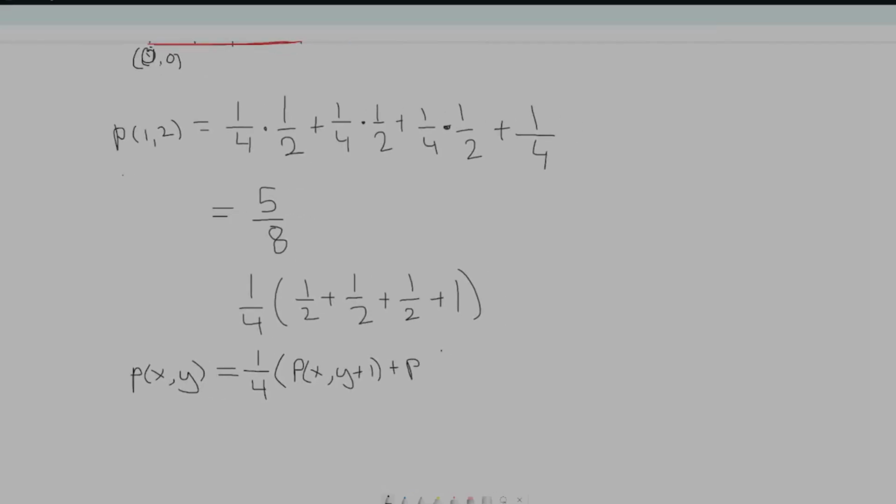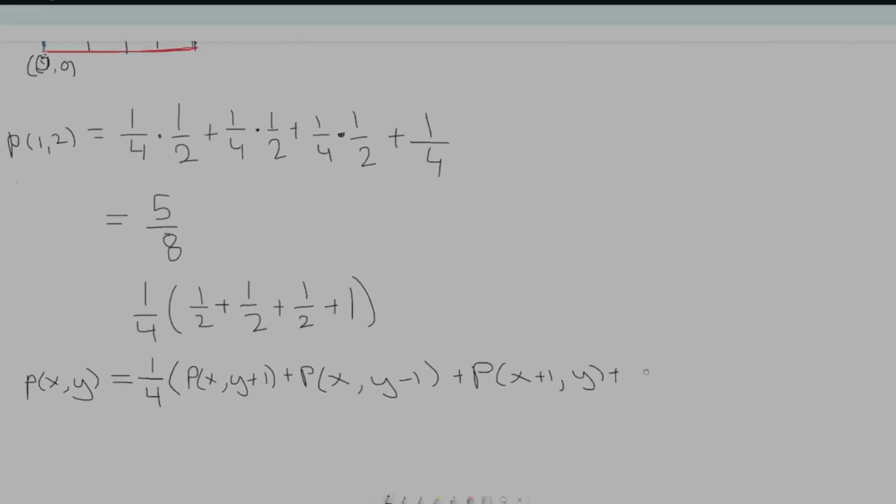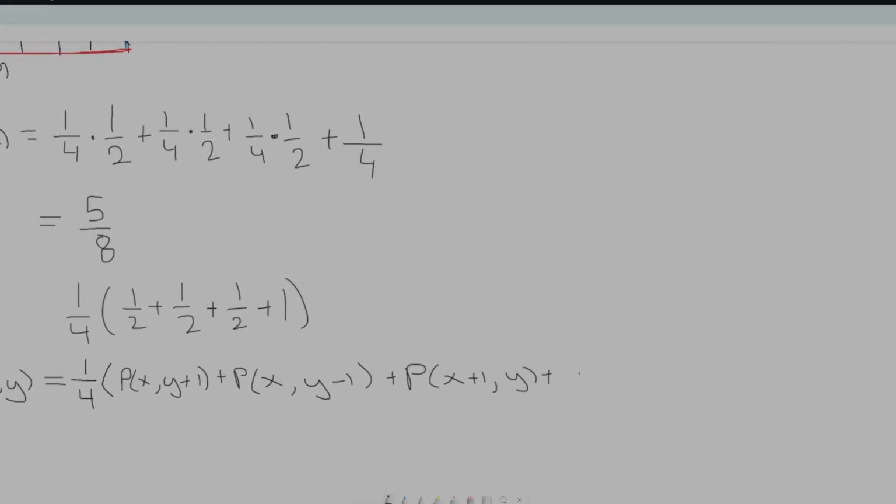So there's the probability of winning from the point above, and then below, and then to the right, and then to the left.